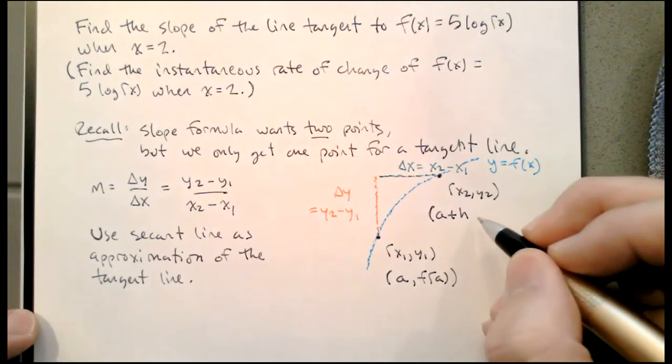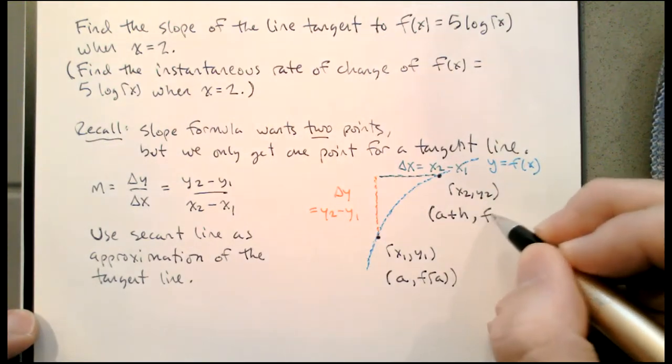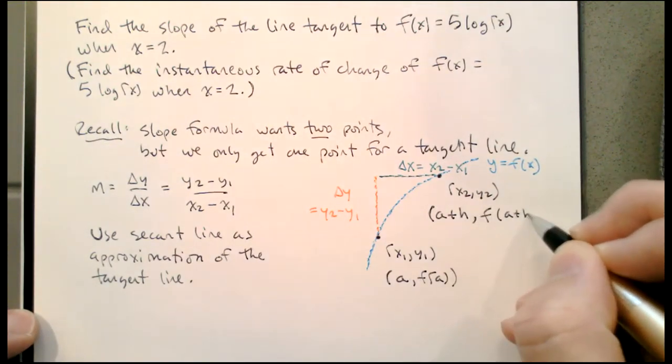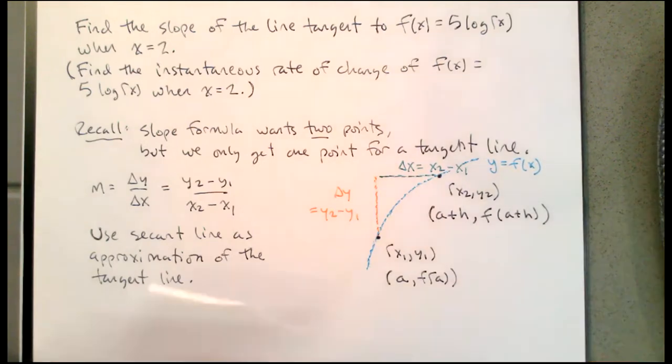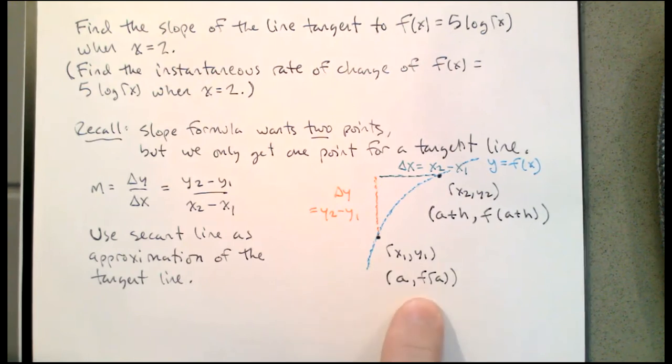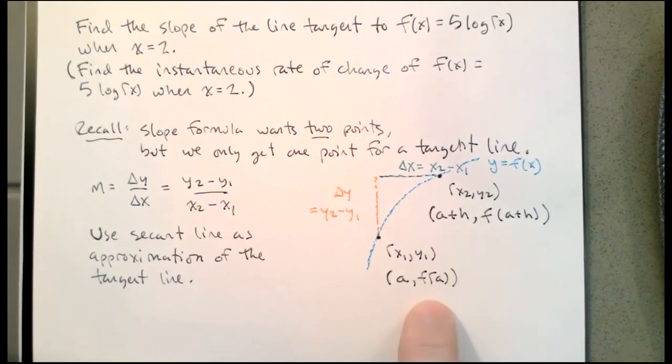And then the y coordinate at this point is just the function evaluated at a plus h. This happens because we need 2 points to calculate slope, but we only got 1 point, so we imagine a point that's close to the first point.